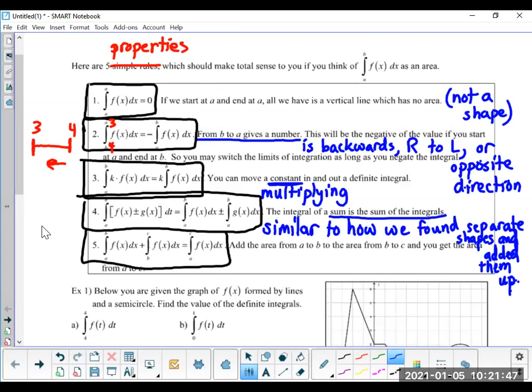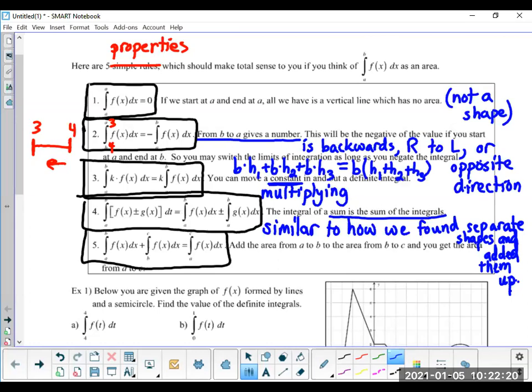The reason I think it could make a little bit of sense is if you think about how when we were starting out, we had base times height, base times height, base times height, right? So if we did 3 rectangles, it might look like that. You can factor out the base if it's the same. So that's kind of the thinking here, why I think this property flows naturally from what we've studied.